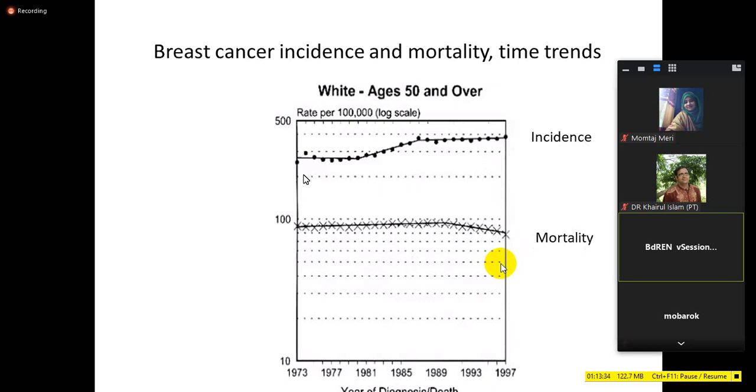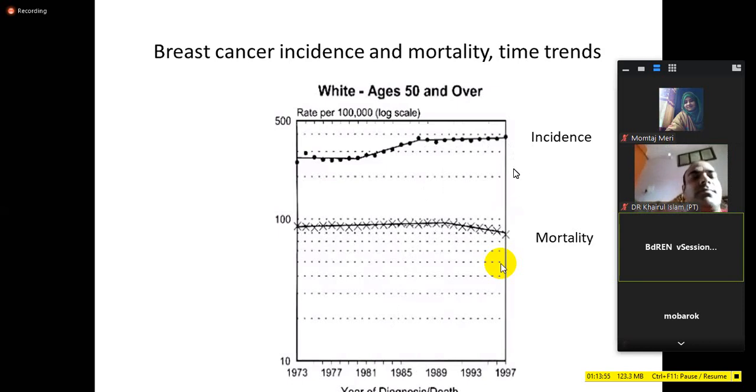Second interpretation is incidence is going up to 1986, and then it lowers a little bit. But in terms of mortality, it was stable up to a certain period of time, and then it goes down.